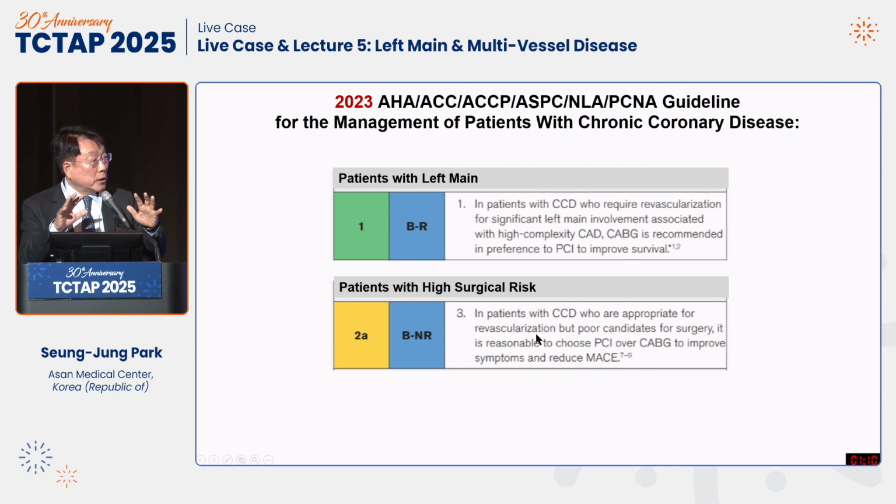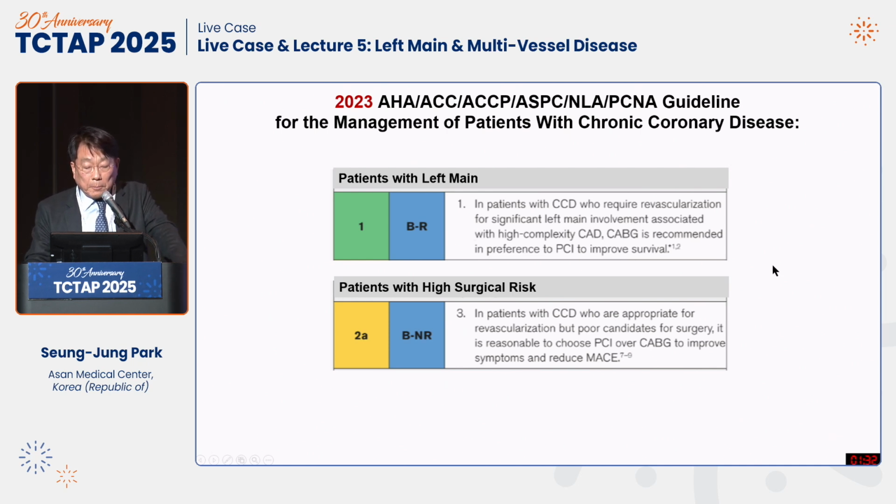However, the issue is that left main with high anatomic complexity, left main with multivessel disease, would be the problem. And so we have to focus on multivessel disease more. So left main disease is not a surgical disease anymore. This is my personal opinion, David over there.